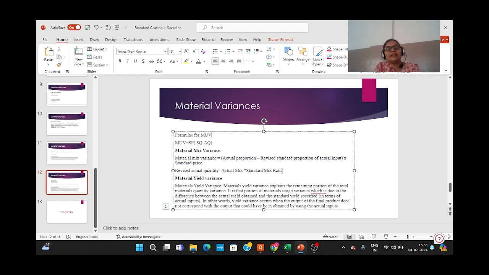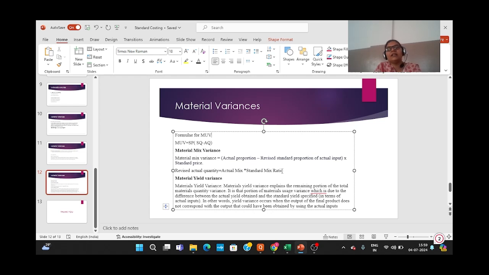Next is material yield variance. Material yield variance explains the remaining portion of the total material quantity variance. It is that portion of material usage variance which is due to the difference between the actual yield obtained and the standard yield specified in terms of actual output.